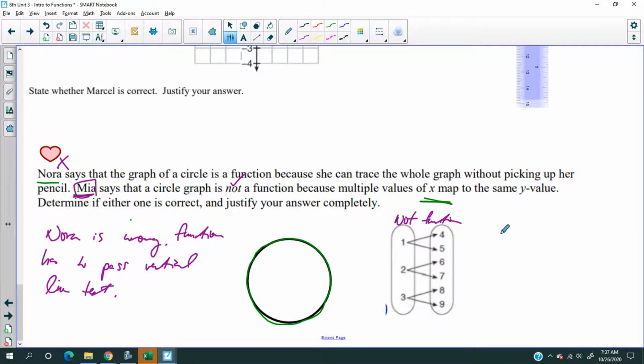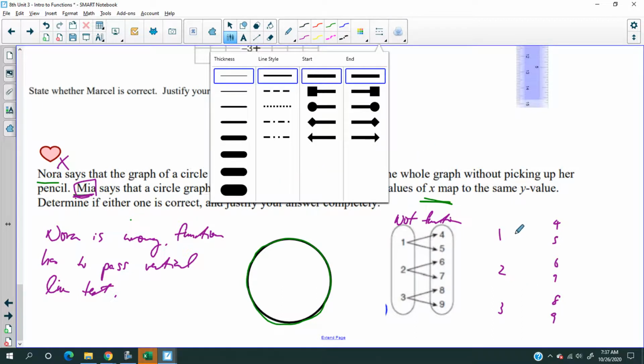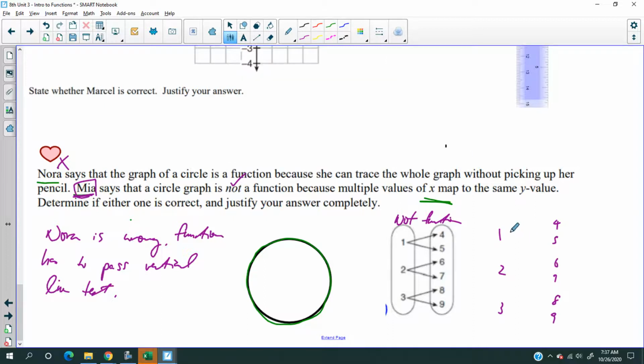It's not true, right? Because what Mia is saying is, I'll give you an example. I'm just recreating this table except with different arrows. So watch this. What Mia is saying is that if you see this, then that makes this not a function.